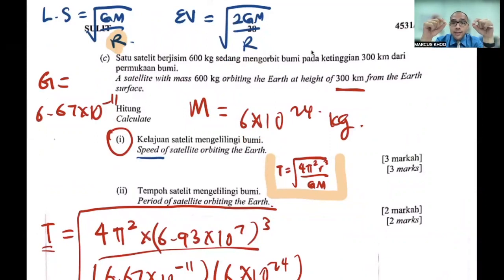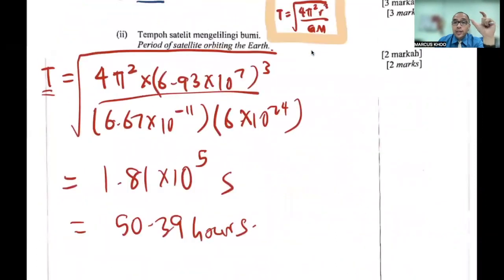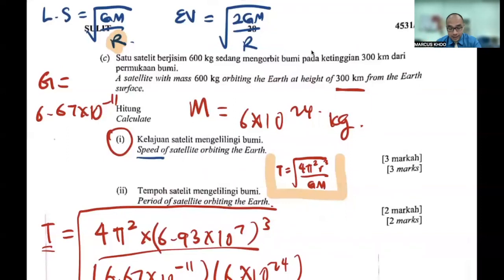Now the r is very tricky. Okay, the r is the radius of the Earth plus the height of 300 kilometers. So you need to find the radius of the Earth, r, plus together with the 300, change the kilometers to meters.